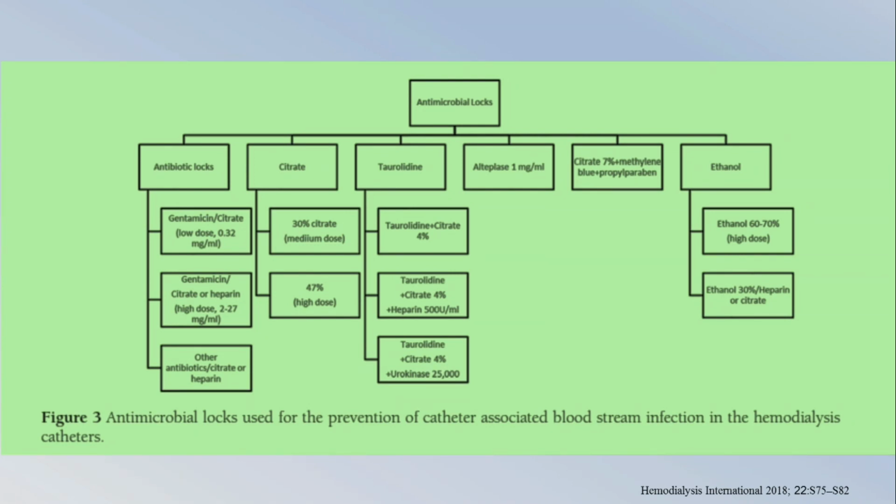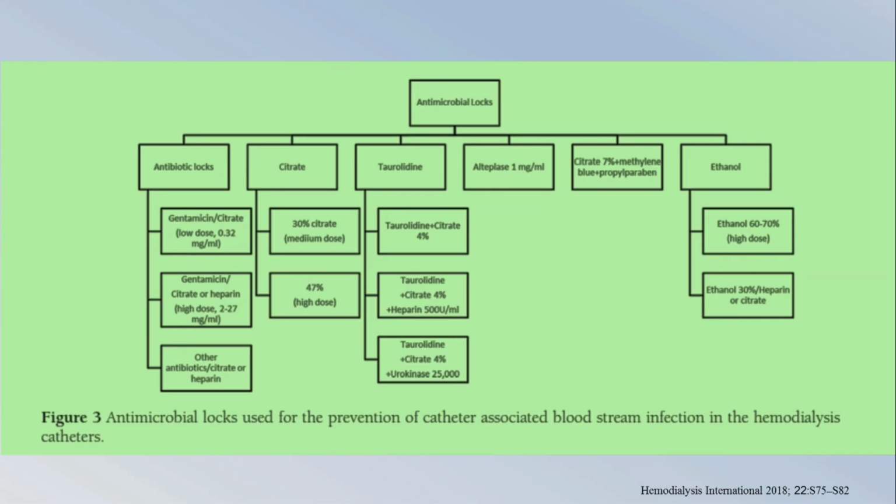Let us go to citrate. Again, a popular thing, and I sometimes like citrate because of two things. One is it is available, it is not very expensive, reasonable cost effectiveness. Now, what you need to remember is that 4% citrate is not effective in reducing infections. It may reduce the clotting part, but it does not reduce infections.